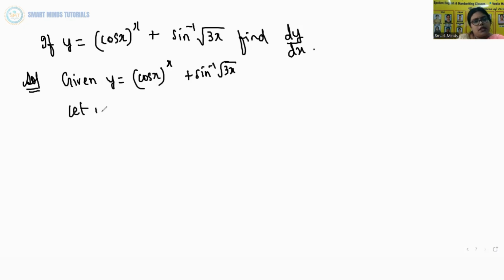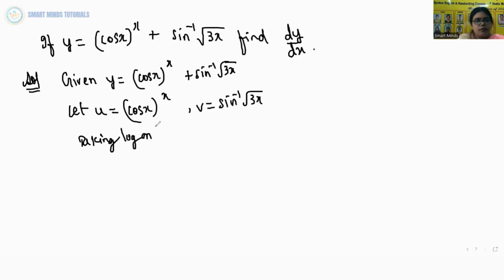Now let us take u equals (cos x) whole power x and v equals sine inverse root 3x. So take log on both sides. So you get log u equals log (cos x)^x. So log u equals x log cos x.